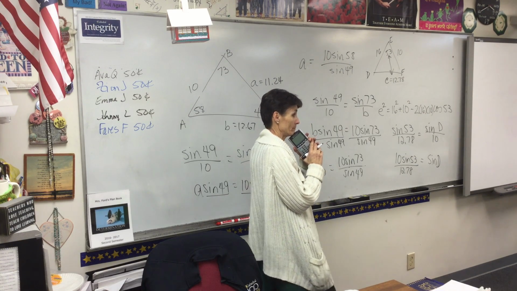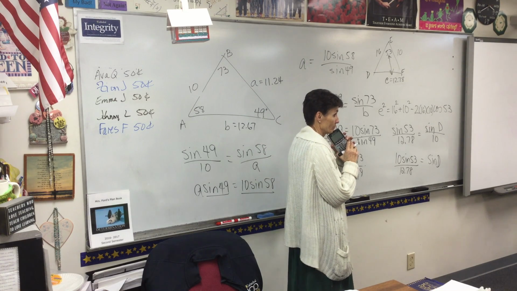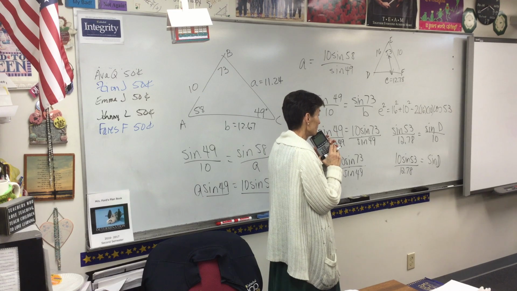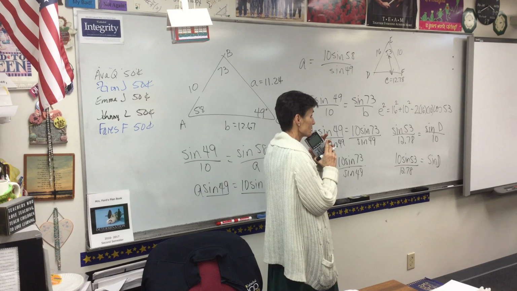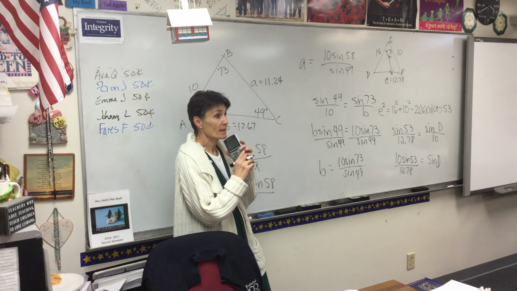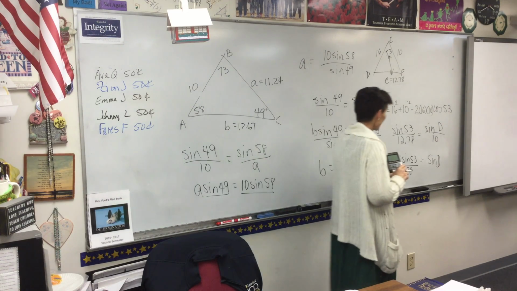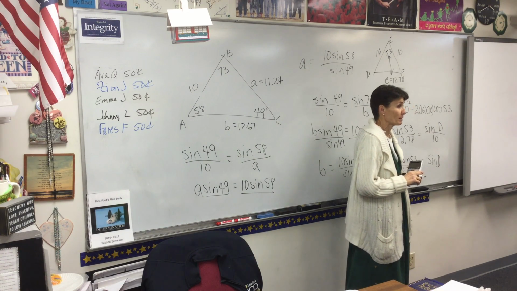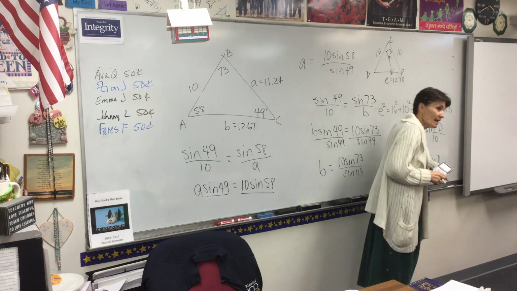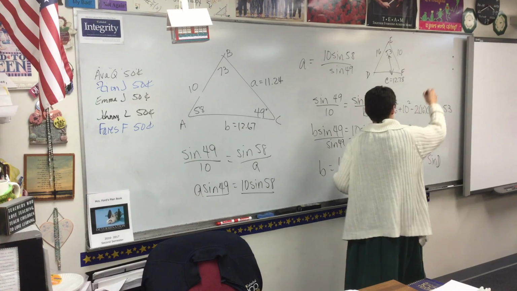Can't be any different. What do you mean my sine's in the wrong place? Oh, yeah. I'm not ready yet to type this in on my calculator, because I'm just going to get a decimal like 0.6 or something. That's not right. To find an angle, I have to use second sine.